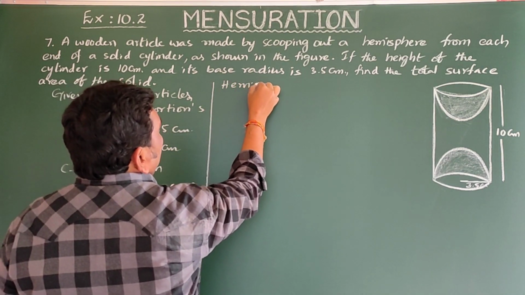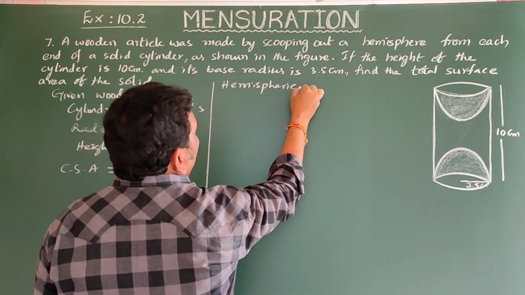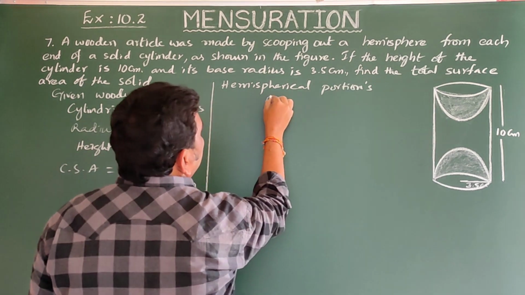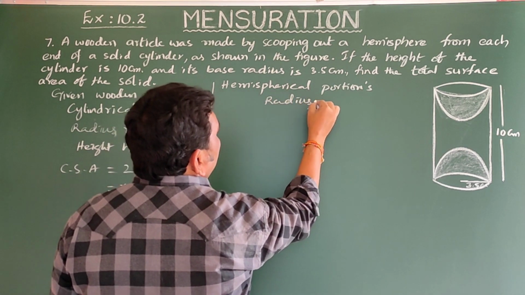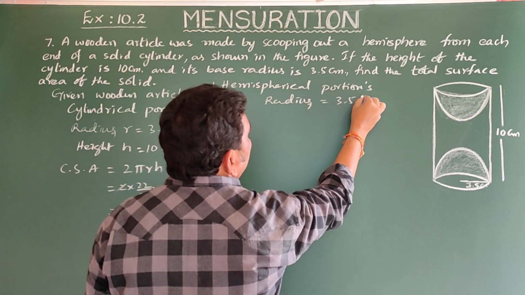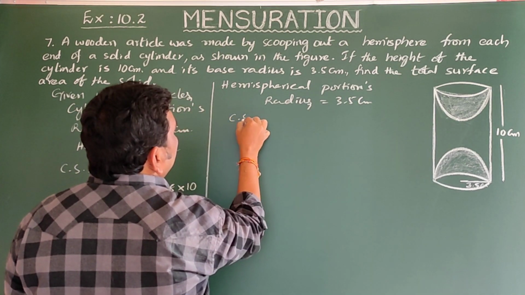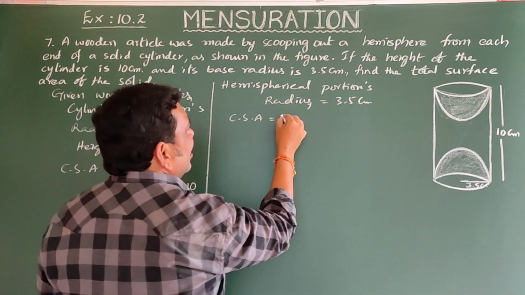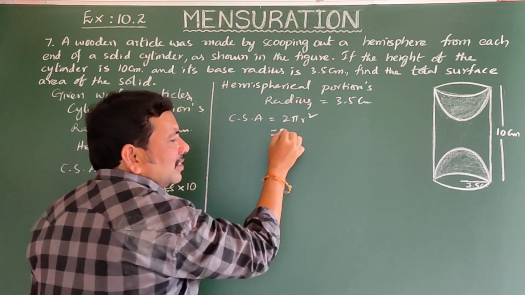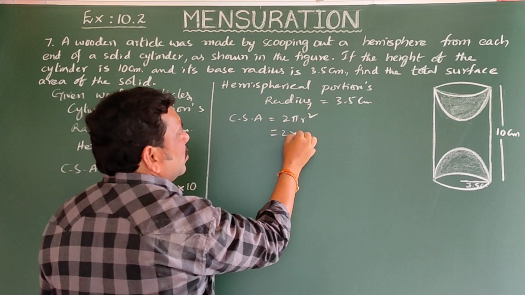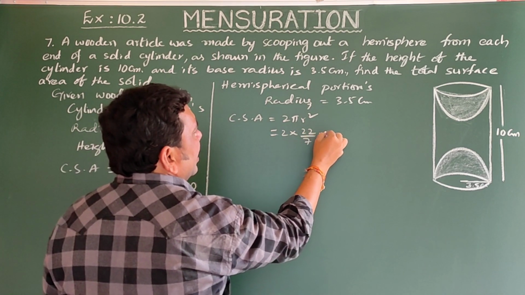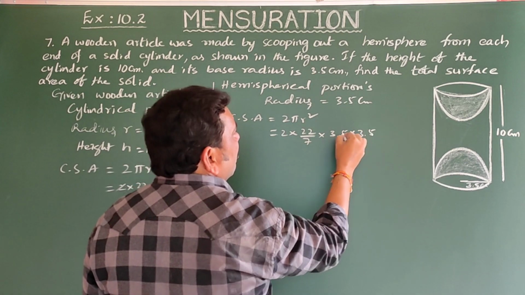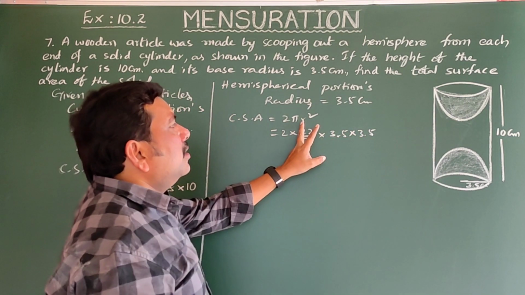Now hemispherical portions, radius is equal to how much? Yes, radius is equal to 3.5 centimeters. Next, its CSA is equal to, what is the CSA of a hemisphere? Yes, 2 pi r square. So 2 into 22 by 7 into 3.5 into 3.5, because r square.